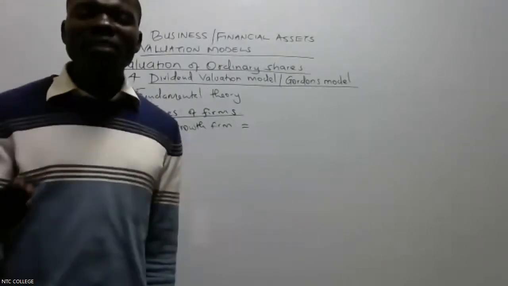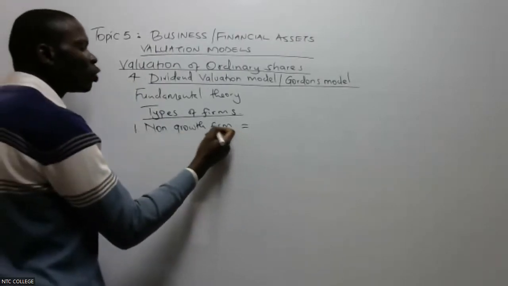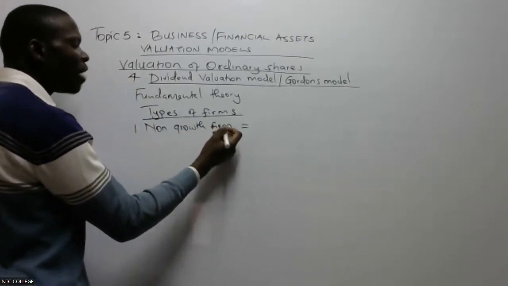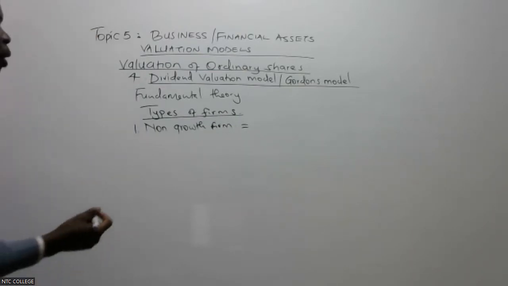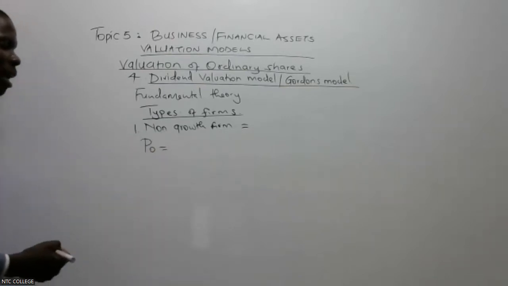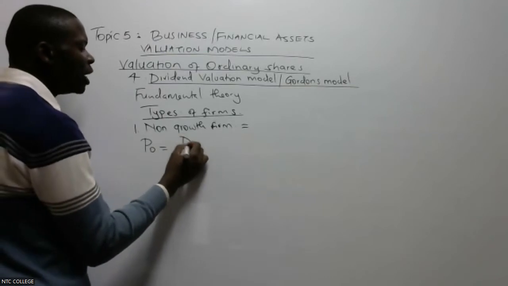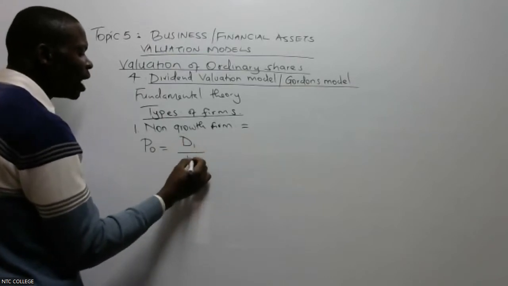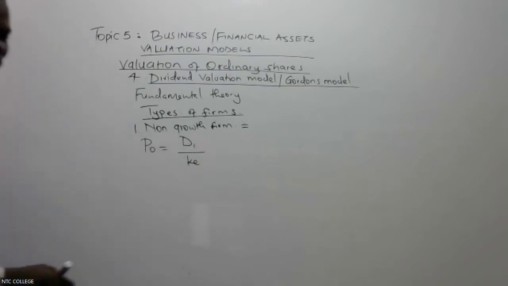Once they've specified that way, you need to understand that it is a non-growth firm. And in that case, you can give the examiner the formula by saying P0 is equivalent to D1 over KE.